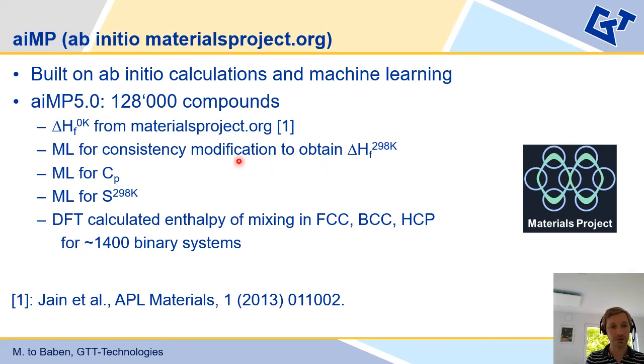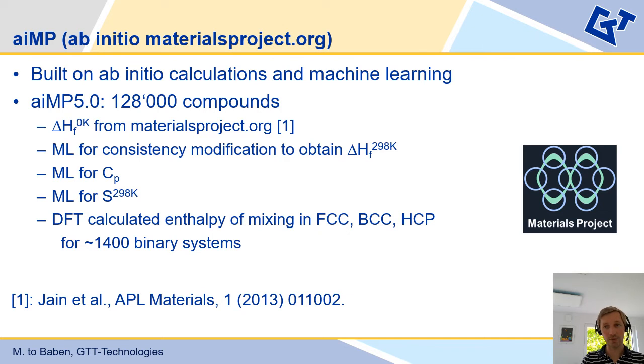There is a new machine learning model for heat capacity at different temperatures, and the machine learning model for S298 was updated. And in addition, you will still find the DFT calculated enthalpies of mixing of the FCC, BCC, and HCP phases in 1400 binary systems.